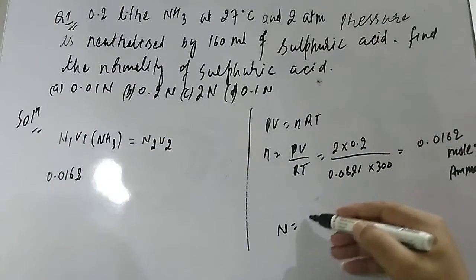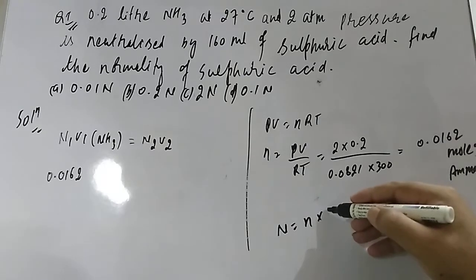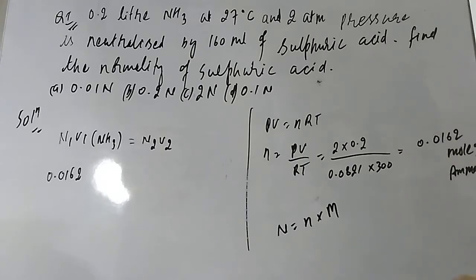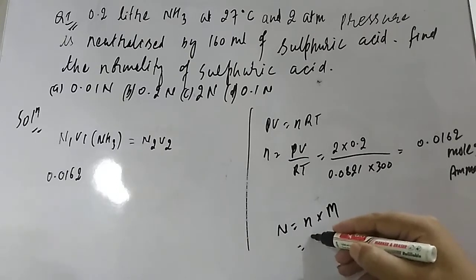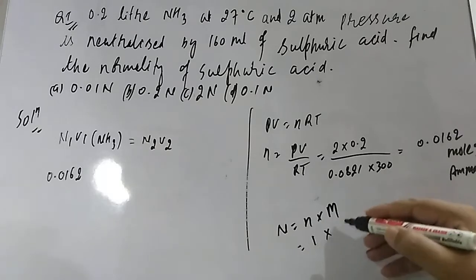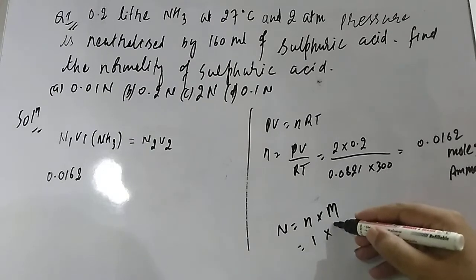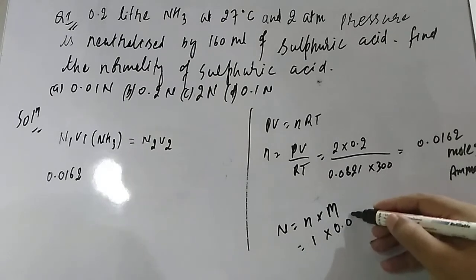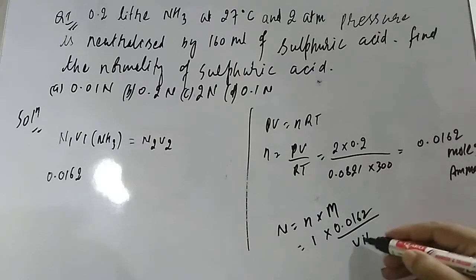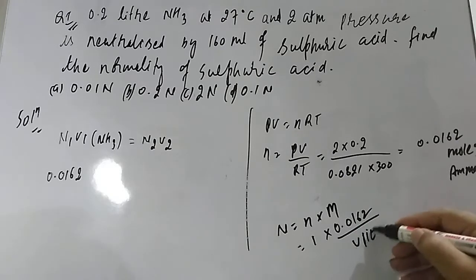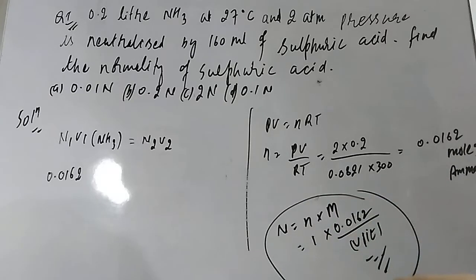Normality is equal to small n into molarity. The n factor for ammonia is 1, and molarity is the number of moles per liter of volume, so 0.0162, and volume is volume in liter. Dear friend, I think my student is getting a problem in this step.